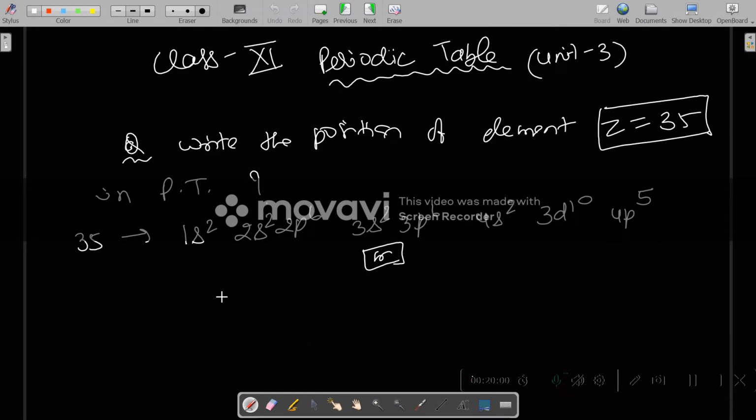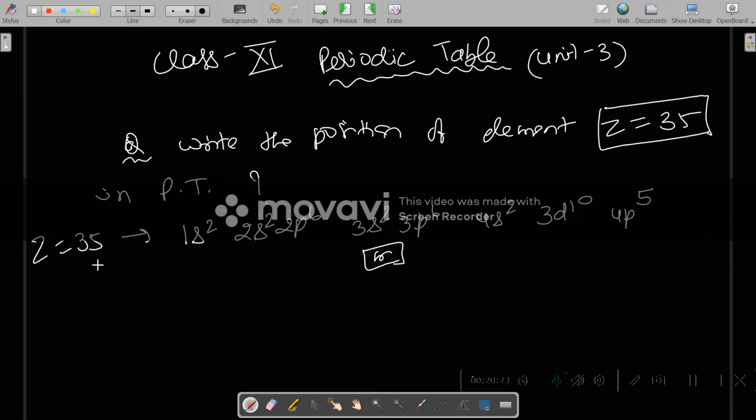Okay. So how can you write atomic number 35? You have written it in this form, or you can write it in terms of noble gas configuration. What is the nearest noble gas of atomic number 35?